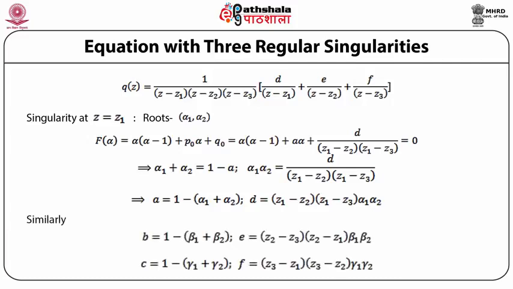Similarly, for the other two regular singularities z2 and z3, if the exponents are beta 1, beta 2 and gamma 1, gamma 2 respectively, then we obtain b is equal to 1 minus (beta 1 plus beta 2), c is equal to 1 minus (gamma 1 plus gamma 2), e is equal to (z2 minus z3)(z2 minus z1) beta 1 beta 2, f is equal to (z3 minus z1)(z3 minus z2) gamma 1 gamma 2.